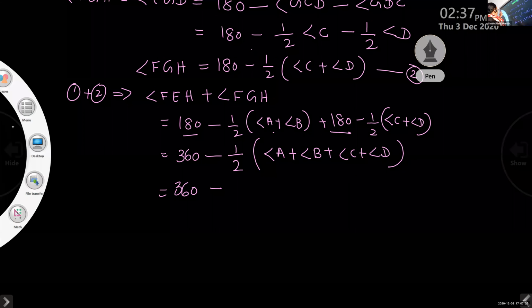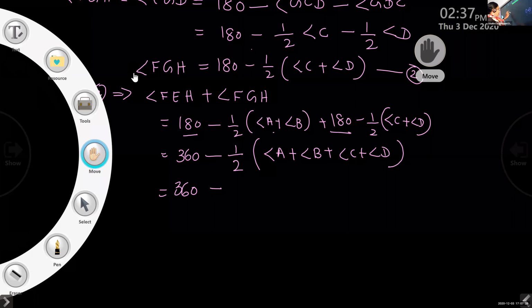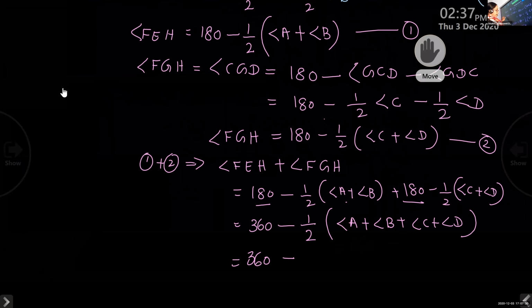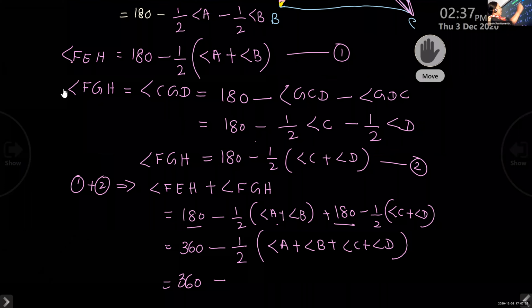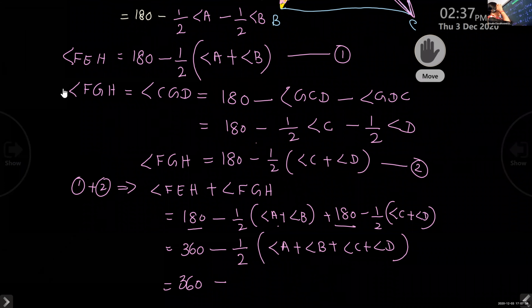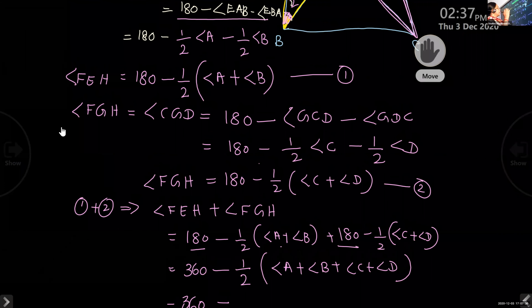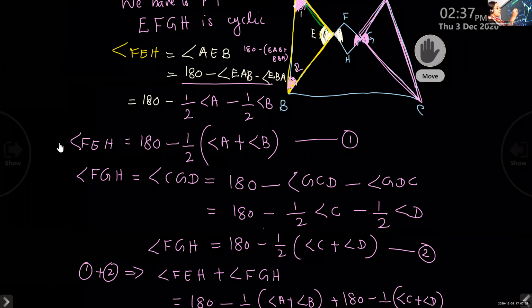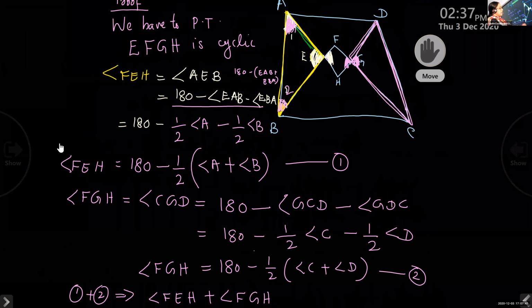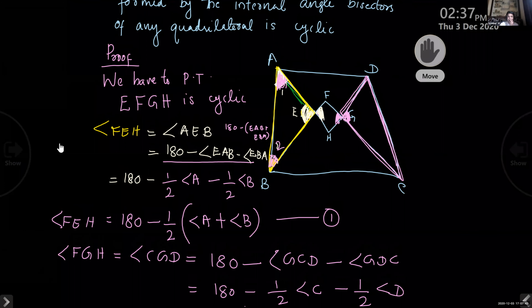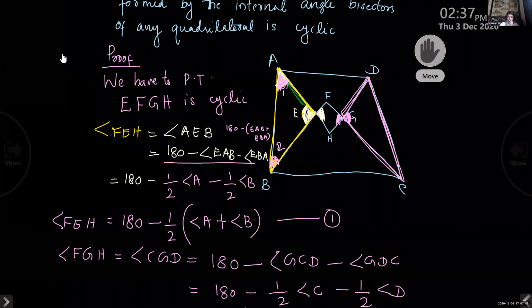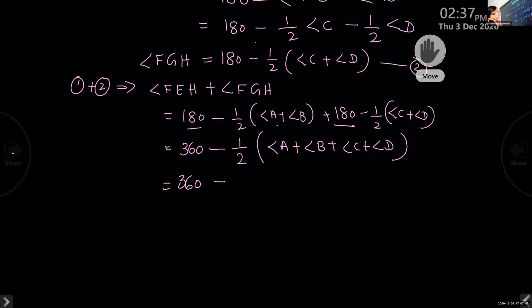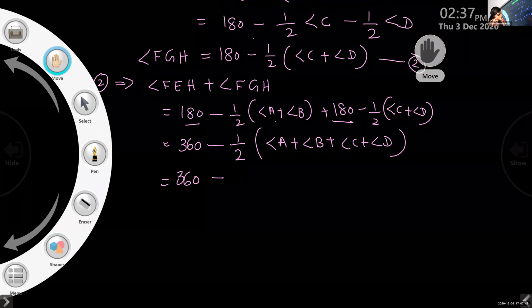Okay, let me scroll the board and I will show you one thing. See children, it is angle A plus angle B plus angle C plus angle D, right? You know what is the answer of that? When you add all angles of a quadrilateral, what is the answer, children? 360 degrees, correct. So quadrilateral ABCD has 4 angles. When you add, you will get 360 degrees.